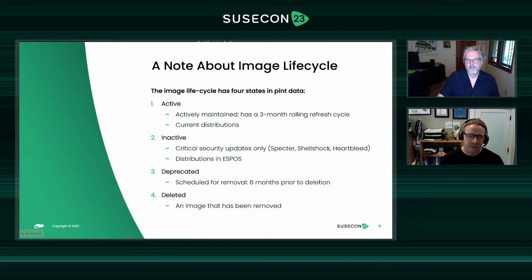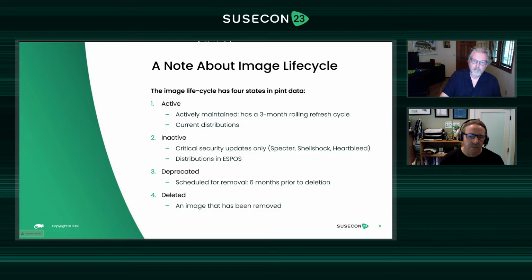Then there are inactive images. Those get updated for critical security updates. These are basically distributions that are in LTSS or for SAP. Then deprecated images, and deprecated images basically indicates to you that that image is expected to be deleted in about 6 months from the deprecation date.